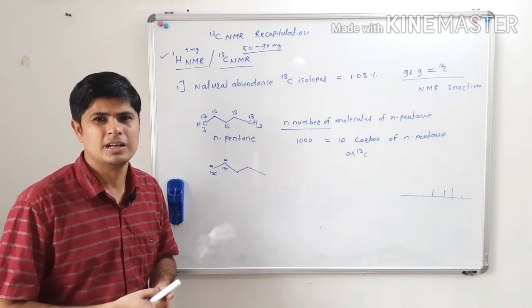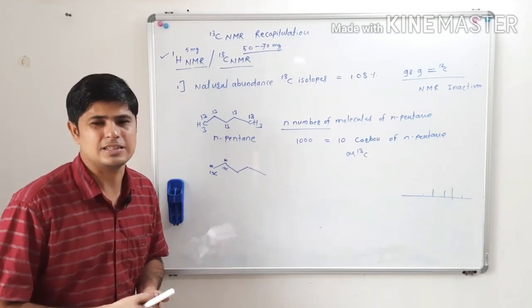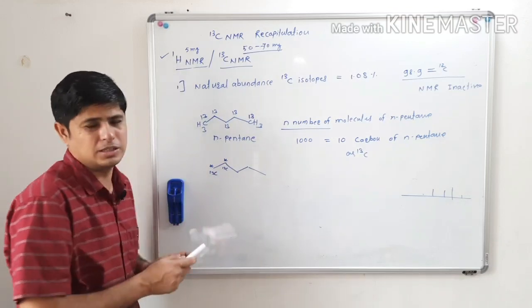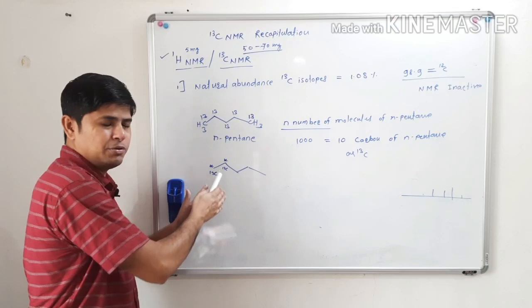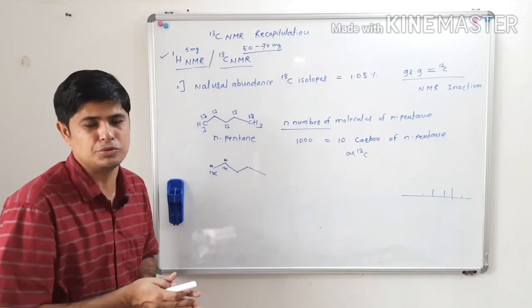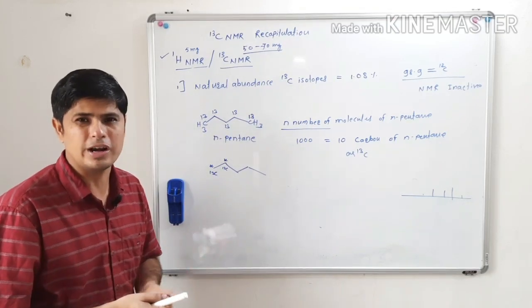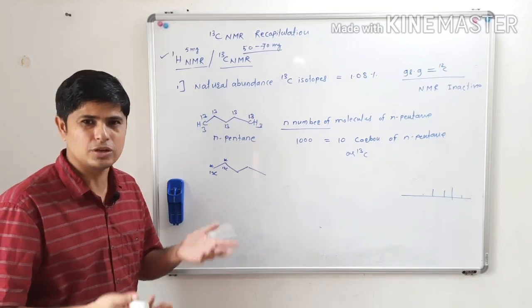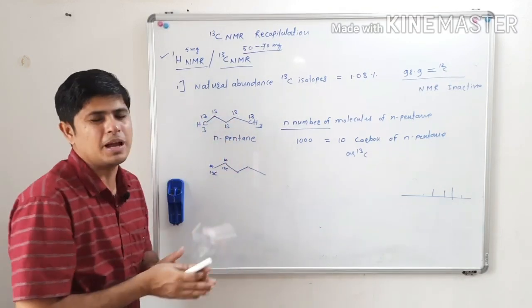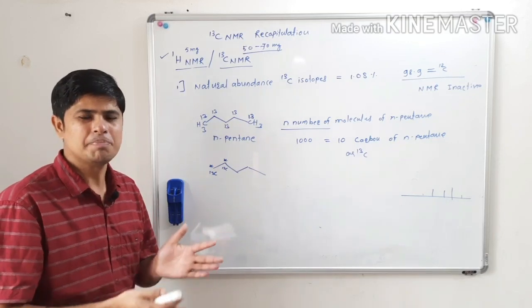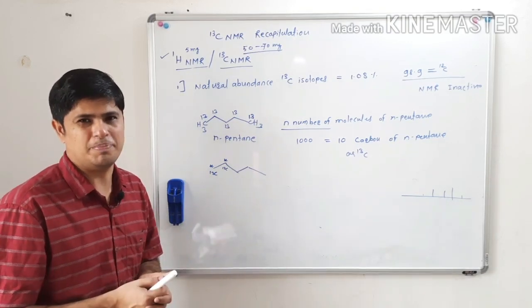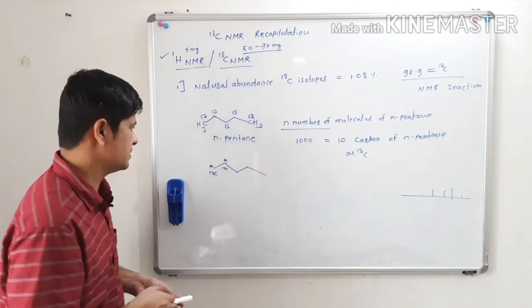We don't want two carbons to be active carbon-13 and adjacent to each other. By nature's law, that is by this isotopic abundance law, we will not get it. And that is a very good thing for all of us, for chemists, isn't it?